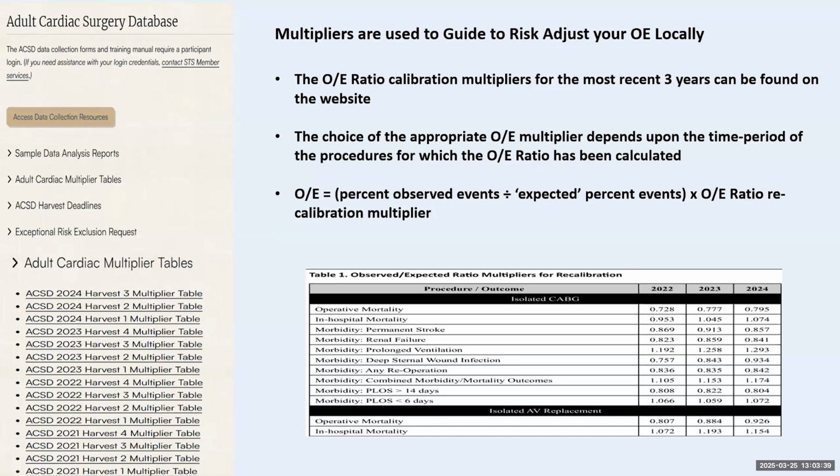She had a great presentation on this, and it outlines the steps if you're interested in doing this. You, of course, need to know where the multiplier table is, and it's in the STS database under for data managers, and you can see adult cardiac multiplier tables right above the harvest deadlines, and you can find your multipliers there.